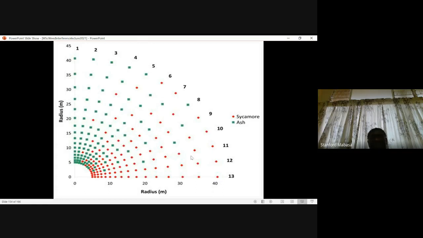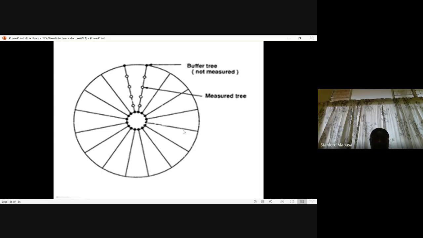Then somewhere out, maybe there's an appropriate mixture which can support both trees. Here it's the same type of plot, and these are the trees. Probably you can measure this, and the outer may be a buffer, which is not measured.